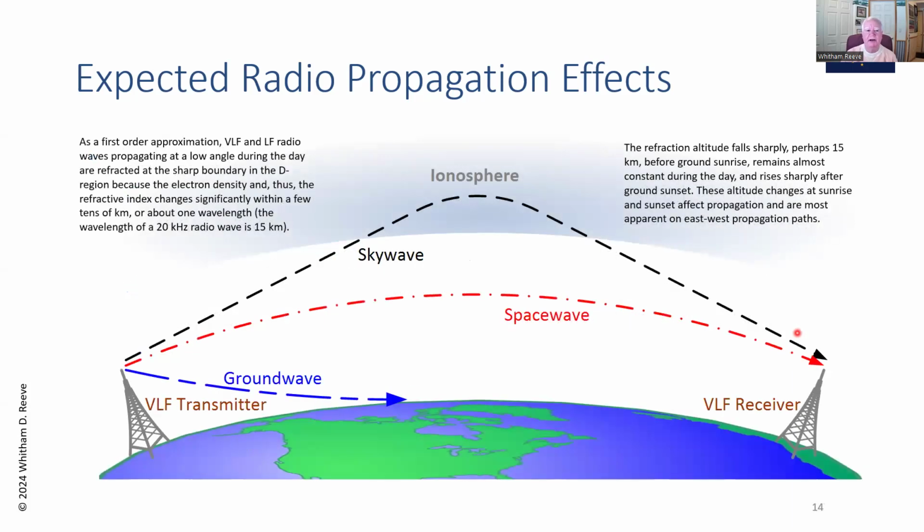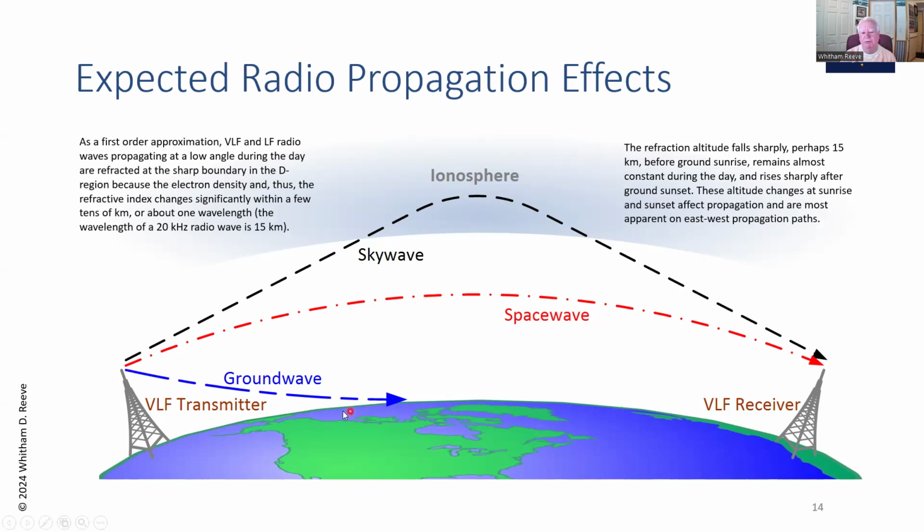And that's shown here. So if we have a VLF transmitter over here on the left, you get radiation that may go up into the ionosphere. It may follow a space wave, which is the waveguide mode that basically uses the D region of the ionosphere as the upper wall of the waveguide and the Earth as the lower wall.